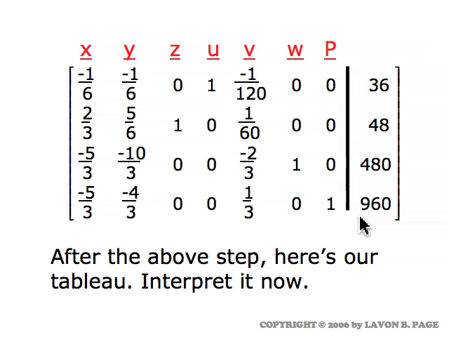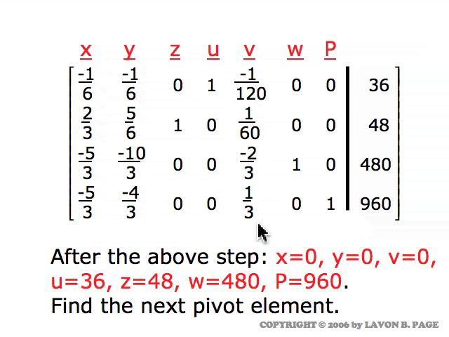To start interpreting where things stand, we set x equals 0, y equals 0, v equals 0 because of the way their columns look. And we read off for the other variables, u equals 36, z is 48, w is 480, and p is 960.